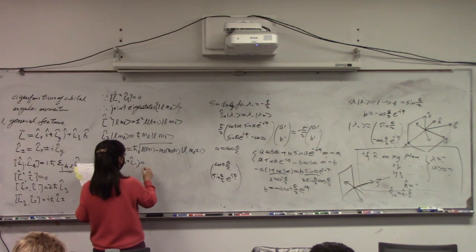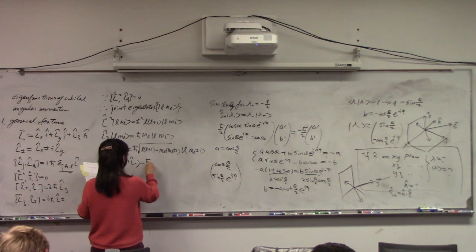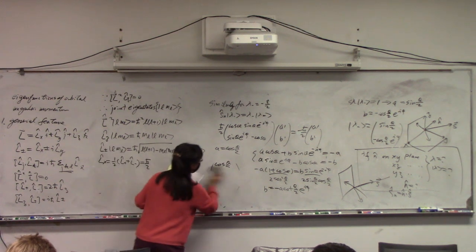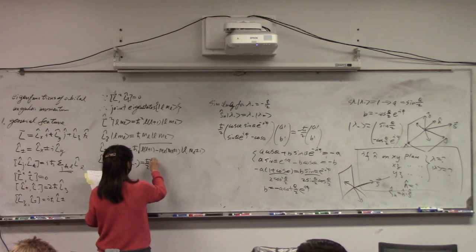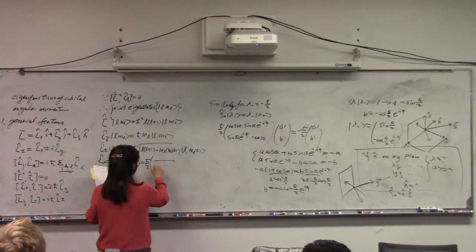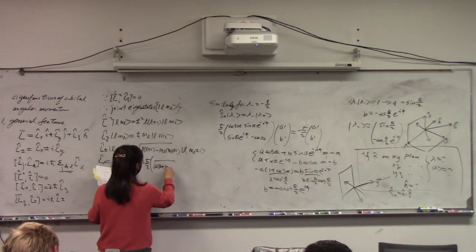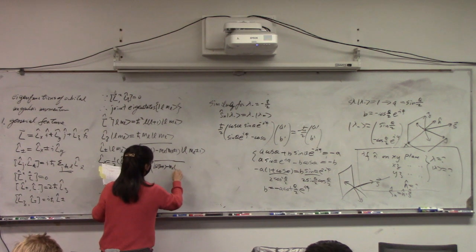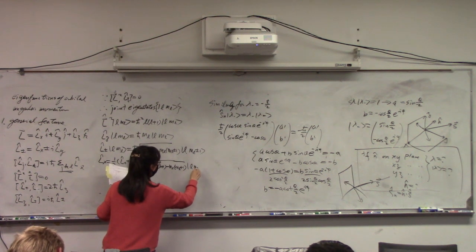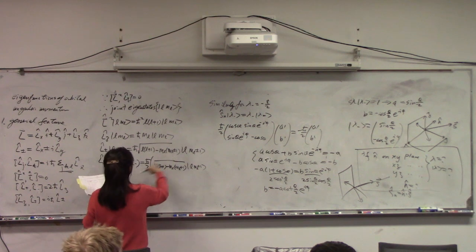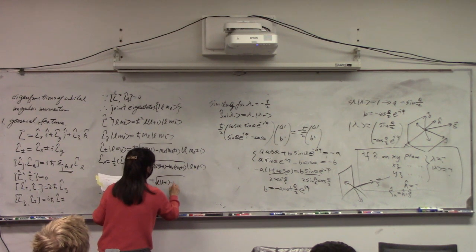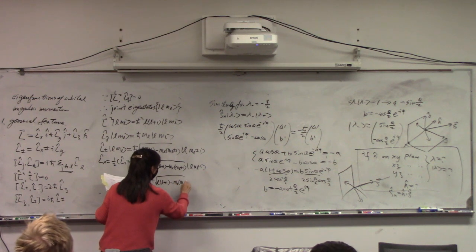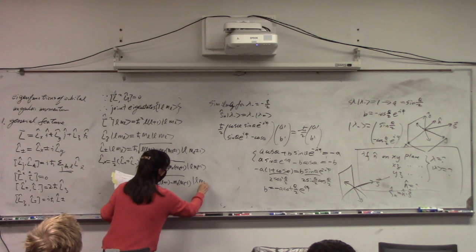So you have two terms, right? That is half of h bar. We have two terms. One is L plus, so let me put it in parentheses: square root of l plus 1 minus ml times ml plus 1, l, ml plus 1, and then plus square root of l plus 1 minus ml times ml minus 1, l, ml minus 1.